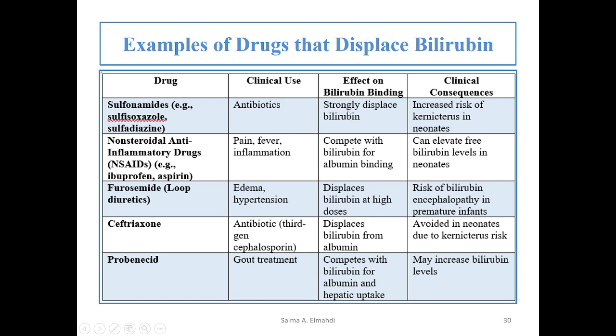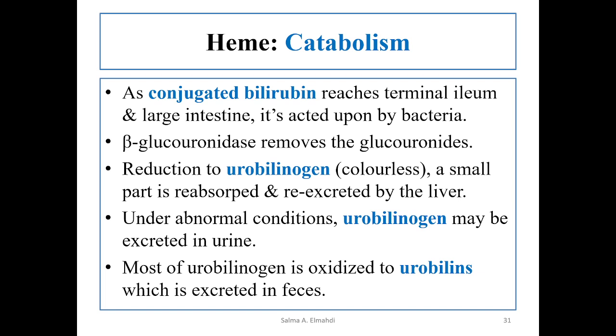They will displace bilirubin from its site of transport in the albumin, and they have clinical consequences in causing increased level of bilirubin in the blood, which is known as hyperbilirubinemia, and in the neonates it is known as kernicterus.